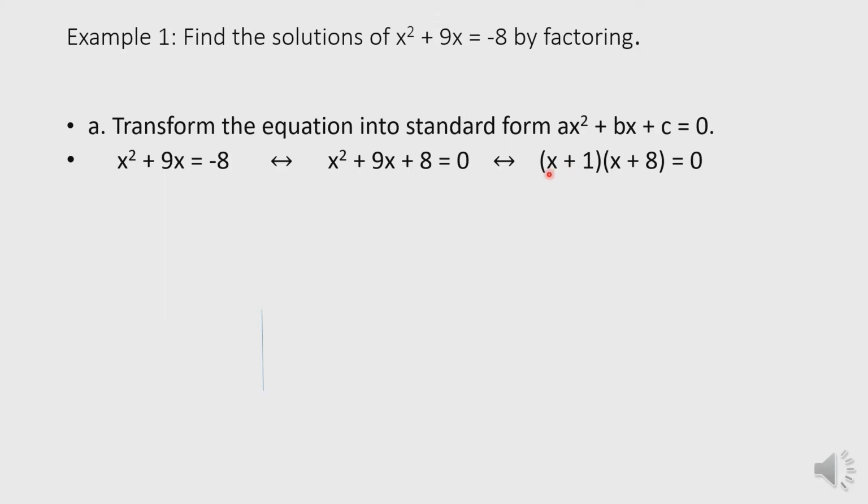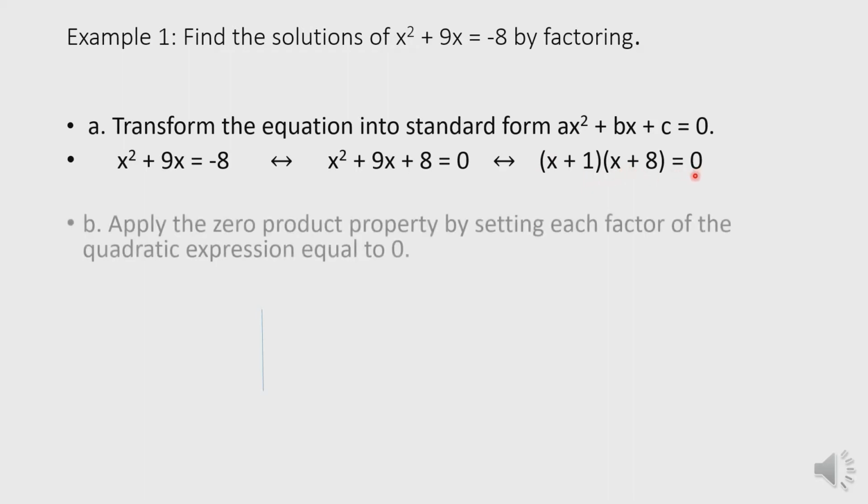So the factors are the quantity x plus 1 and x plus 8 equals 0. So these are now the factors of this quadratic equation, quantity x plus 1 and quantity x plus 8 equated to 0.